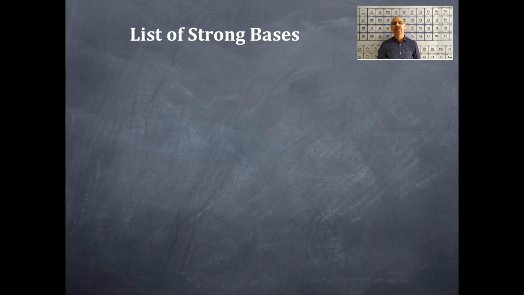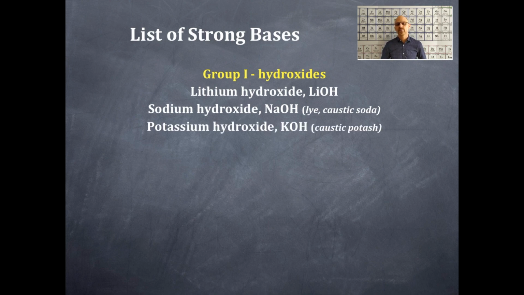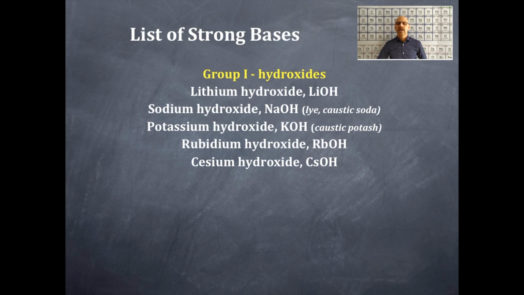Here's a list of the strong bases. So group 1 hydroxides. So lithium hydroxide, sodium hydroxide, otherwise known as lye or caustic soda. There's potassium hydroxide, which is caustic potash, rubidium hydroxide, cesium hydroxide. And here are some group 2 hydroxides.